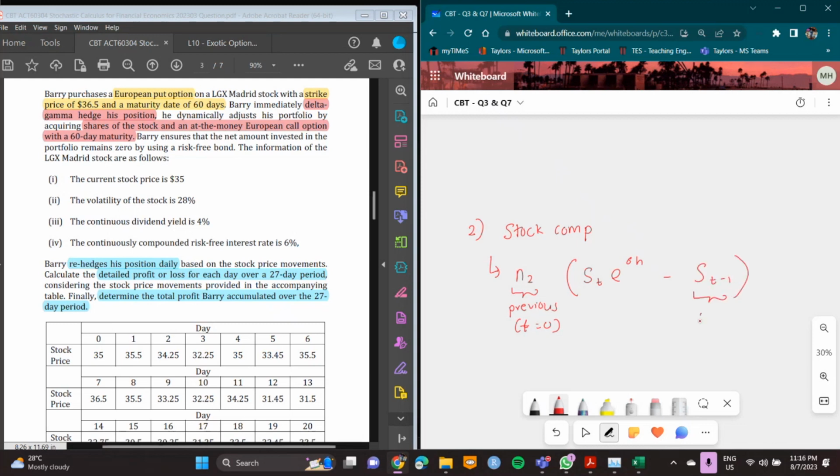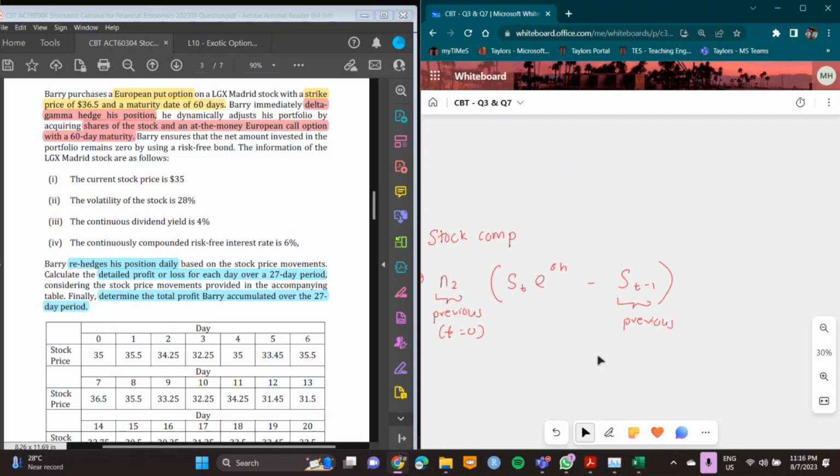When we start with day 1, this becomes S1, and this becomes S0. S0 is given in our question as 35. So that's the stock component.